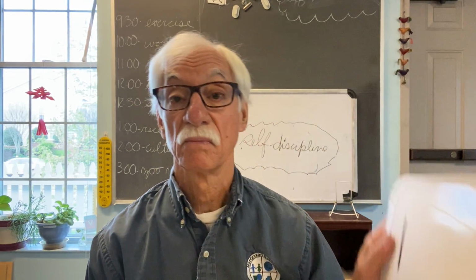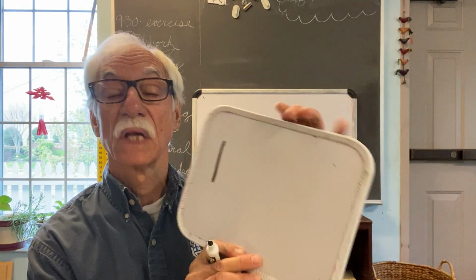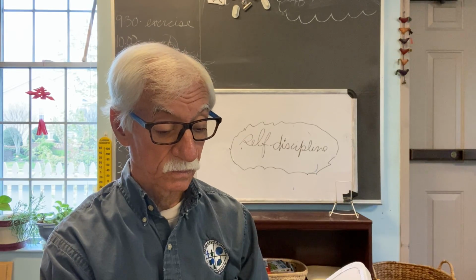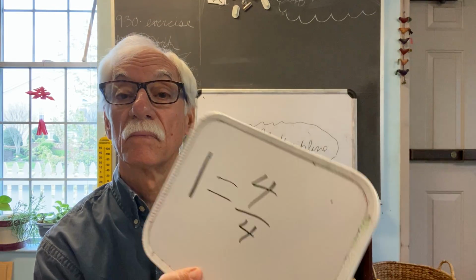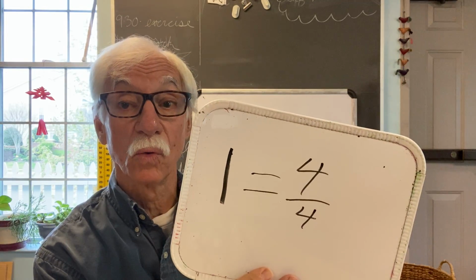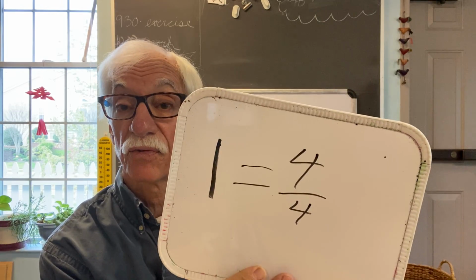And so we know that we can take a whole number, like a 1, and we can divide that into fractions, parts, 4/4. So 1 whole can be divided into parts, number fractions, 4/4.